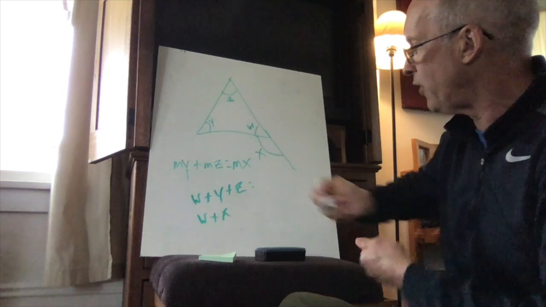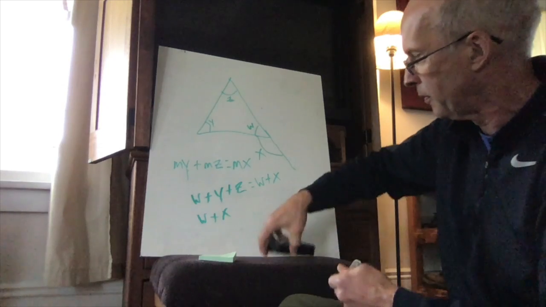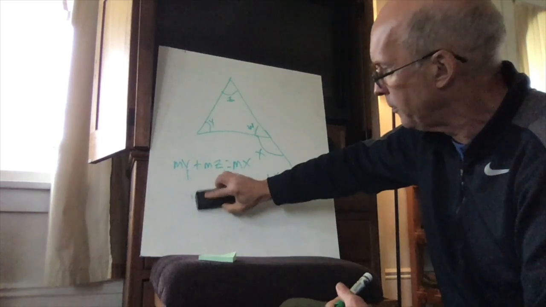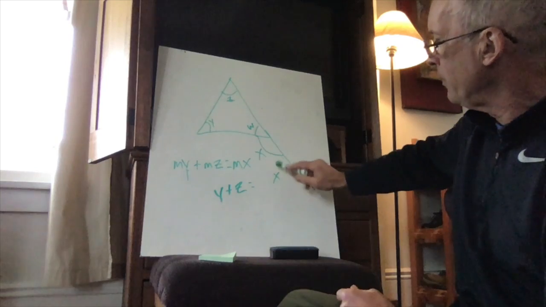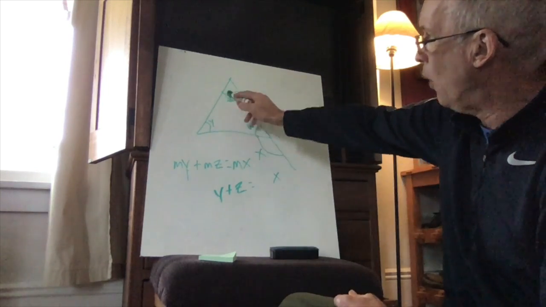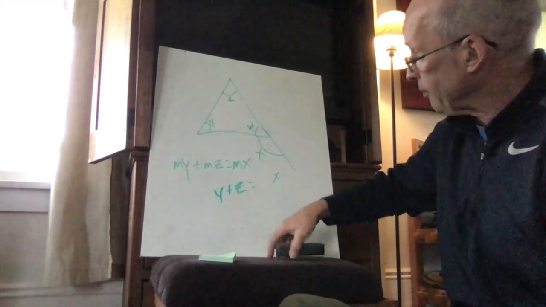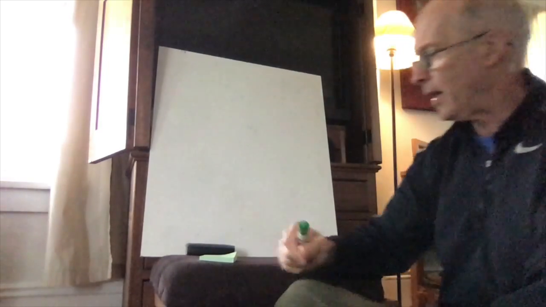So basically what we're saying is W plus Y plus Z equals W plus X. If I get rid of the W's on both sides, that leaves you X equals Y plus Z, which is what we were trying to prove in the first place. Okay, so that is theorem 4.2. Whenever you have an exterior angle of a triangle, the two remote interior angles equal the same as that exterior angle.